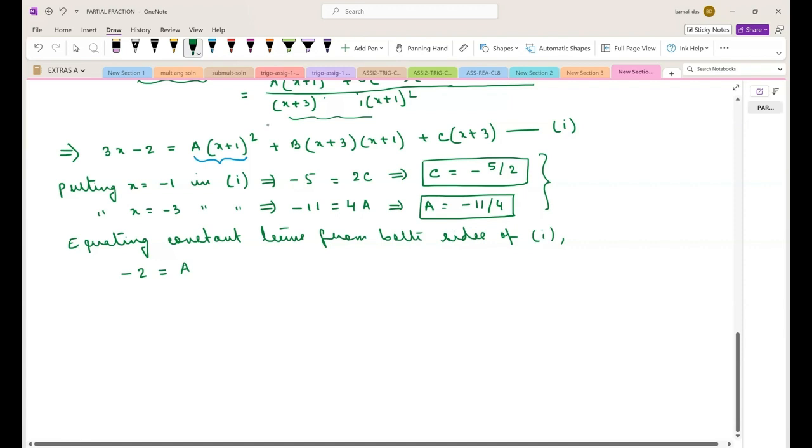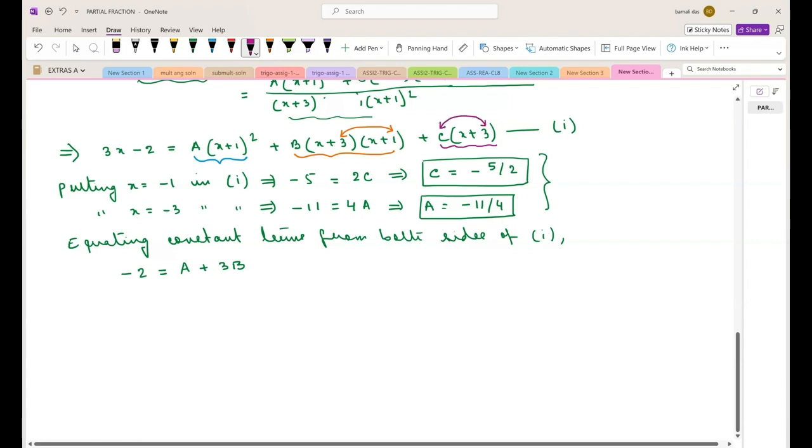Now from the second one, the constant term will come only when you multiply 3 with 1. 3 into 1 is 3, and then multiply with this b. So this is another constant term, 3b. And from the last one, you get a constant term when you multiply c with 3.